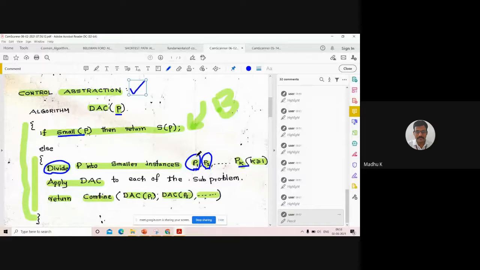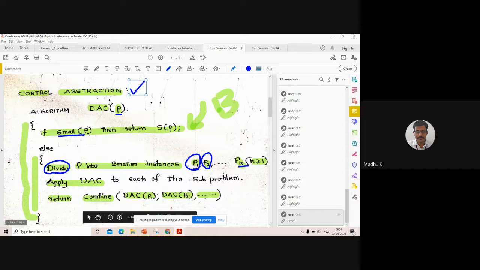Then apply divide and conquer to each of the subproblems, recursively applying the same approach. We will divide the problems this way.